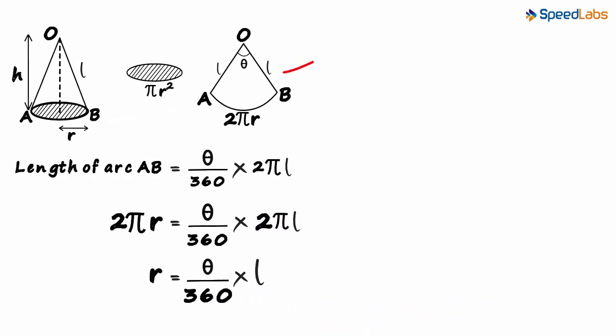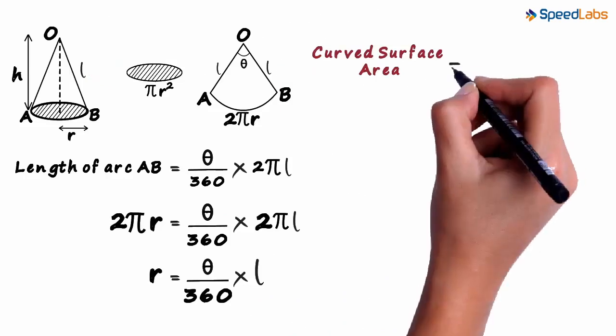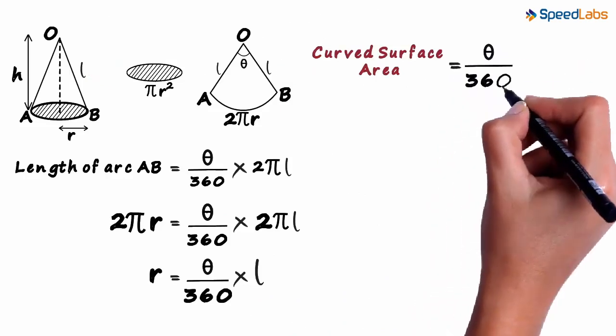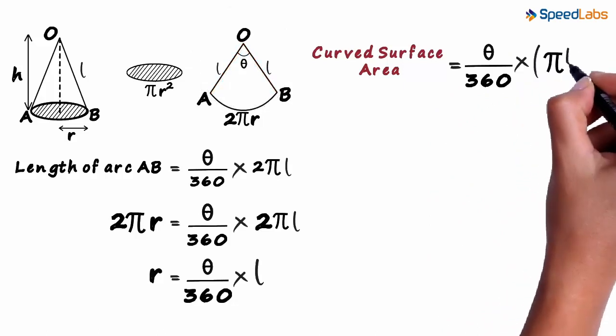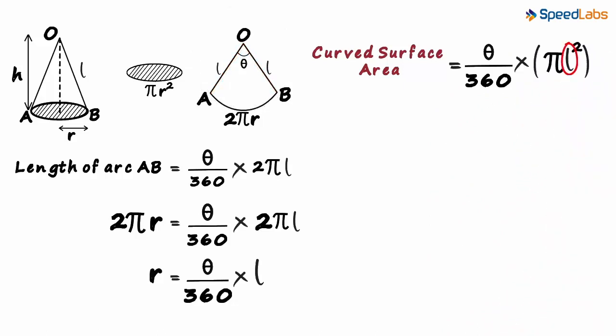The area of this sector will be the curved surface area of this cone. The area of this sector will equal theta by 360 multiplied by the area of the circle with OA and OB as the radius. And that will be pi L squared, as L is the radius of this circle. Can we write this a bit differently?